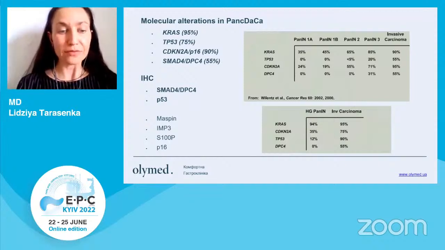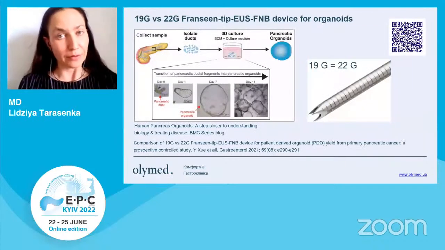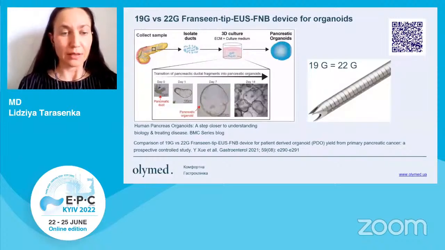When we have sufficient material, comprehensive whole exome sequencing and next generation sequencing of the pancreatic tumor are possible, which facilitate preoperative genomic profiling and chemotherapy fine-tuning, well, if you have the opportunity.